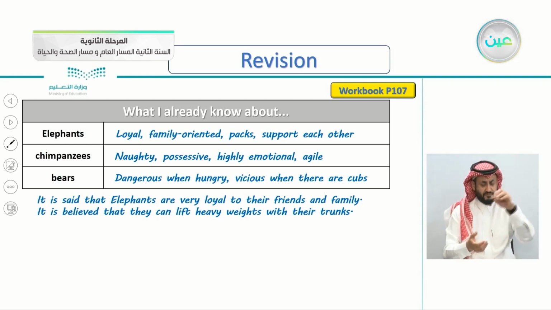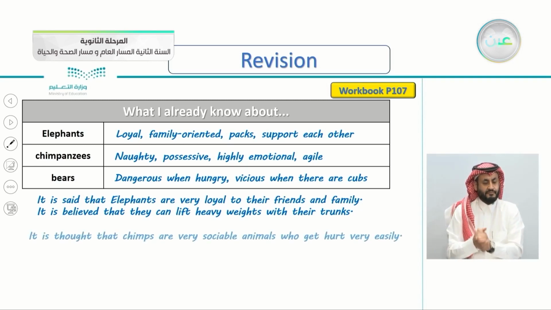So what about chimpanzees? Very good, but I've written here, it is thought that chimps are very sociable animals who get hurt very easily. So chimps here is the same as chimpanzees. This is short for chimpanzees, of course.